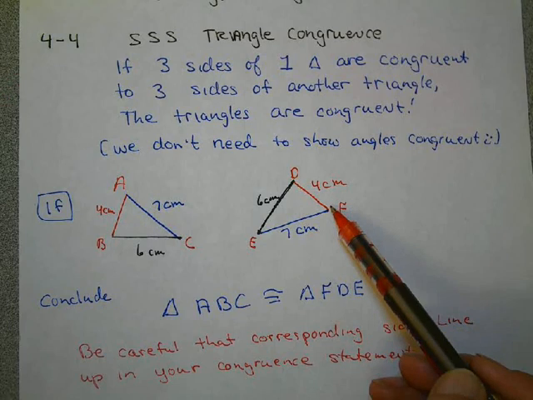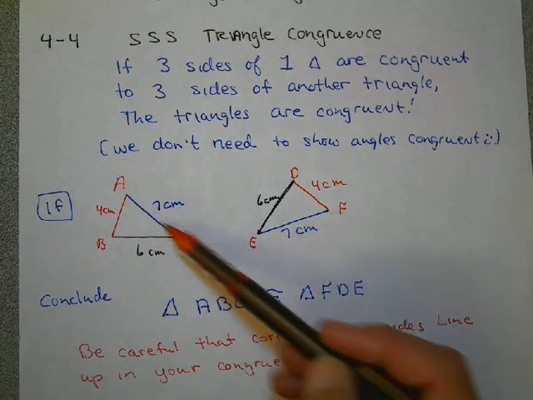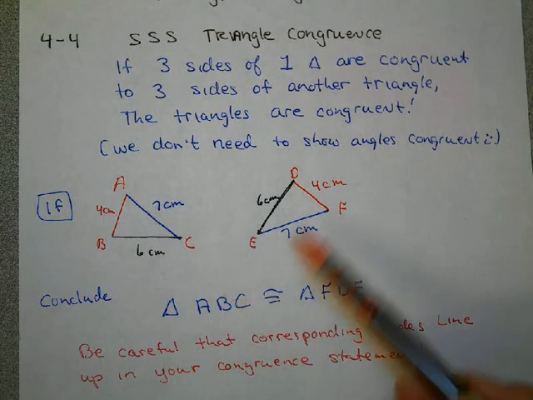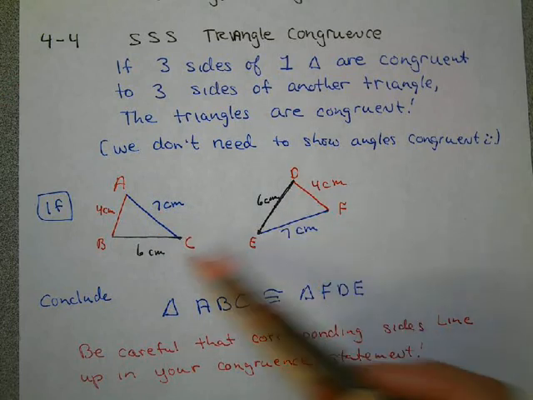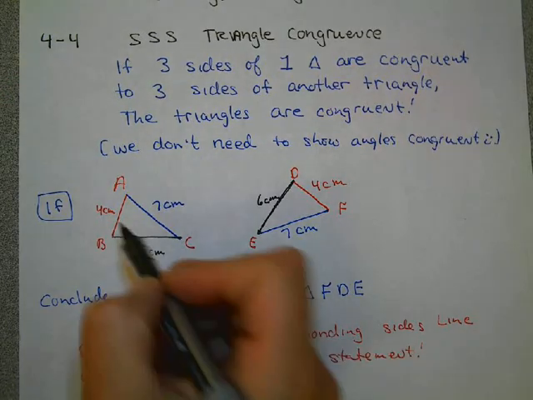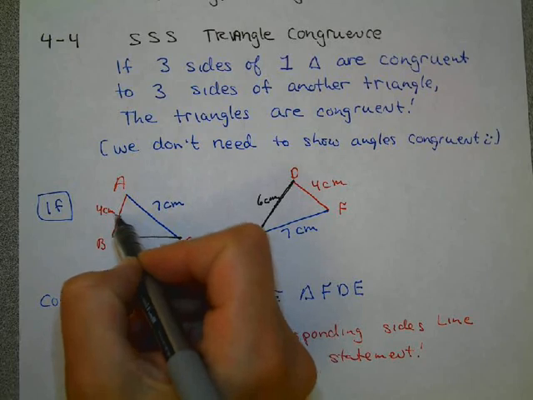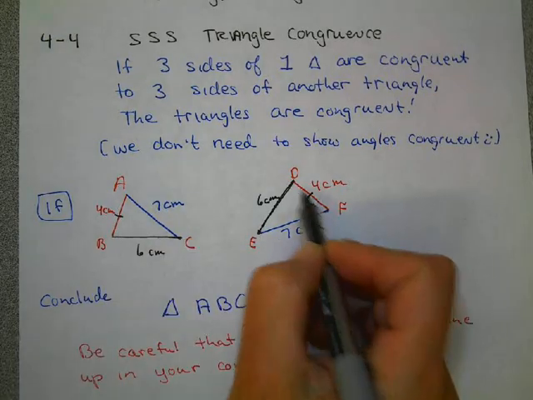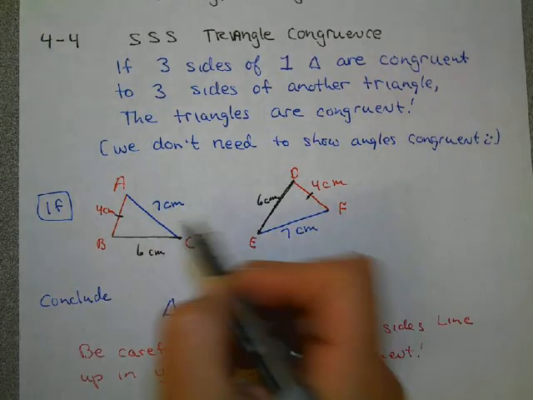Now, you might see it like this. You might see it with tick marks, where instead of a measure, you get a tick mark here and here. And you know those are equal. You might see 2 tick marks here and 2 tick marks here. And you know those 2 sides are equal. And you might see 3 tick marks here, 3 tick marks here, and you know these corresponding sides are equal.